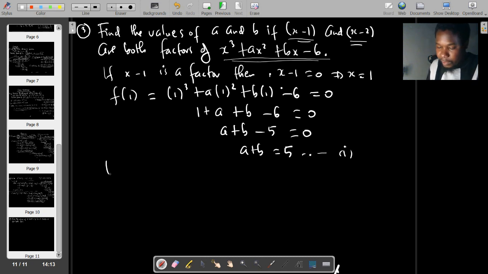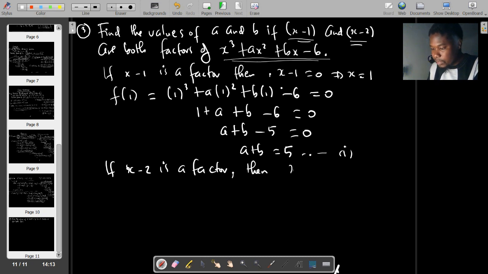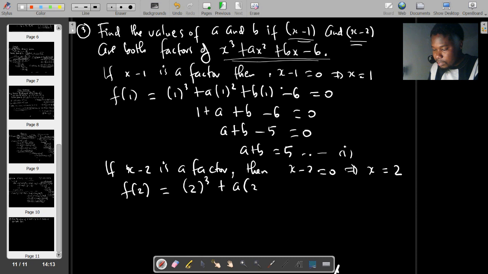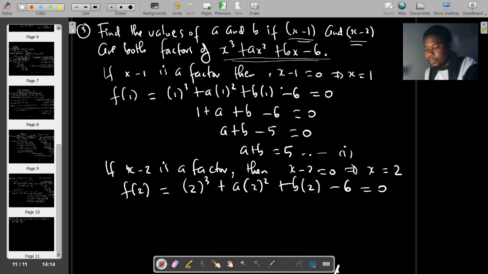So if x minus 2 is a factor, then x minus 2 equals 0 becomes what? x equals positive 2. Therefore, f of 2 will be equal to, where there is x, we put a 2, 2 cubed plus a times 2 to the power 2 plus b times 2 minus 6. This should give us 0 because this is also a factor according to the problem.